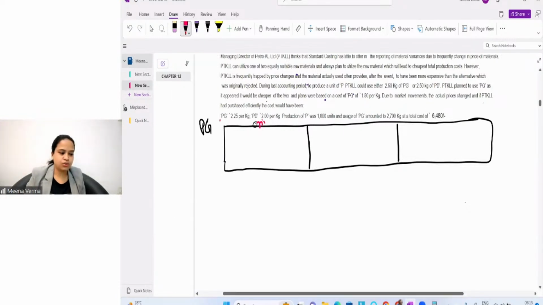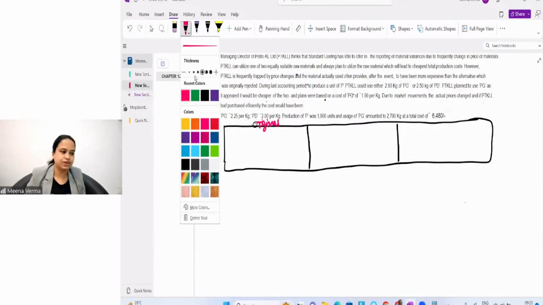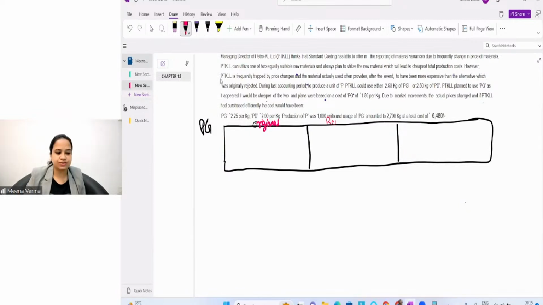What was the original budget, right? Then what was the revised budget? Right? What was the original budget? What was the revised budget? And what is the actual scenario?